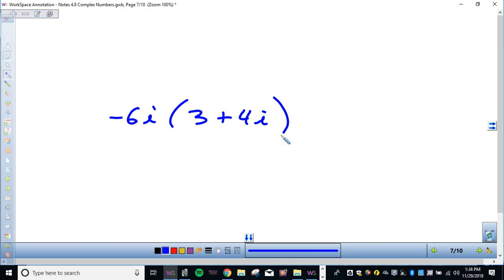Remember, real number first, then imaginary. Good. 18, did you have an i? You had them out of order. Right? Good. Positive 24 though, Phil? Good. 18, but yeah. 6 times 4. You multiplied wrong, that's all. Don't fix it, you're good. Yeah, good job.